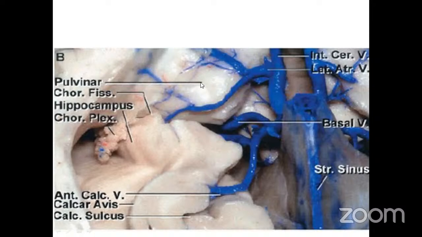We can see the pulvinar and the choroidal fissure, and between the pulvinar and the fimbria arises the lateral atrial vein, which goes to drain into the internal cerebral vein. We can see the choroid plexus and the anterior calcarine veins posteriorly.